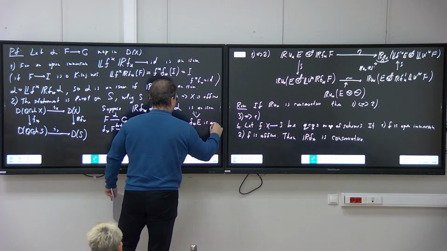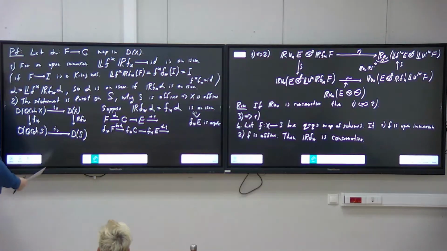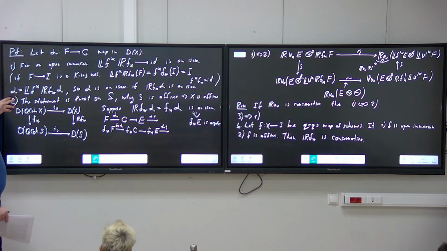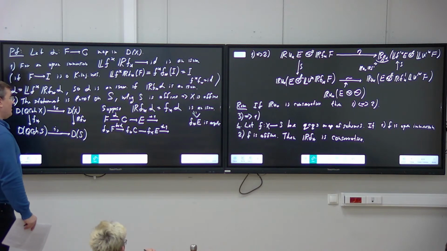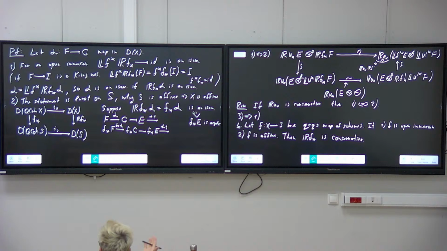So why do you say that here f lower star of alpha equals Rf lower star of alpha? Well, because we are computing this map in the D of X, and this is a fully faithful functor, so we can think about this as a map between two objects here. Shouldn't we prove that Rf lower star is conservative for quasi-coherent sheaves, for DQCoh?